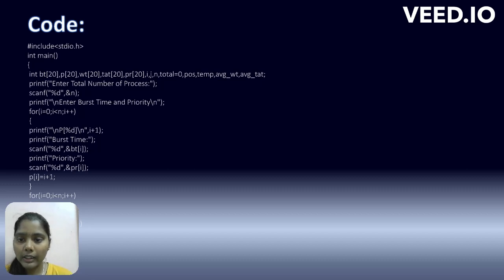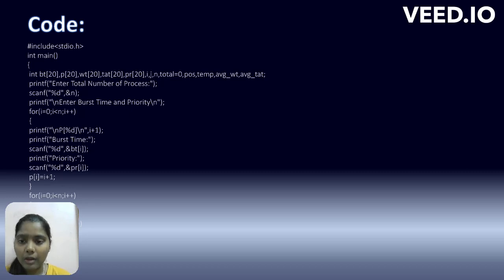And the next is printf. We have to print the total number of processes and scanf("%d", &n); close the braces and semicolon. Printf, again we have to print the burst time and priority, and we are using a for loop, i = 0; i < n; i++.